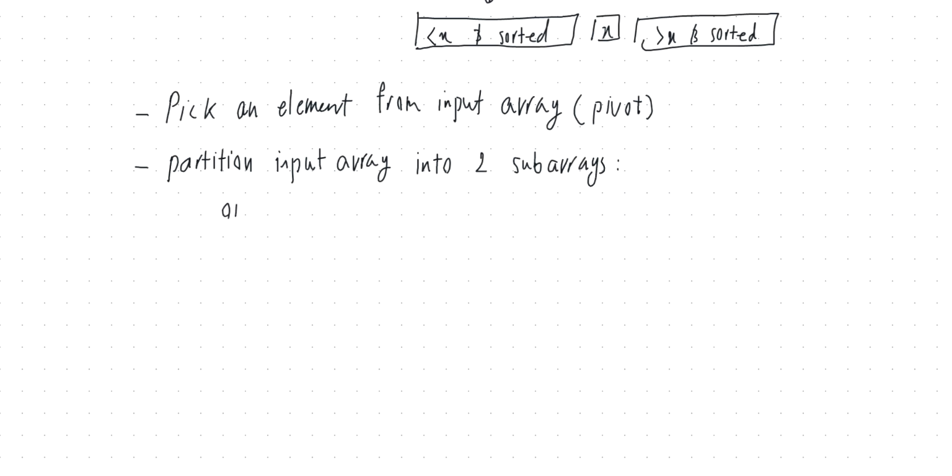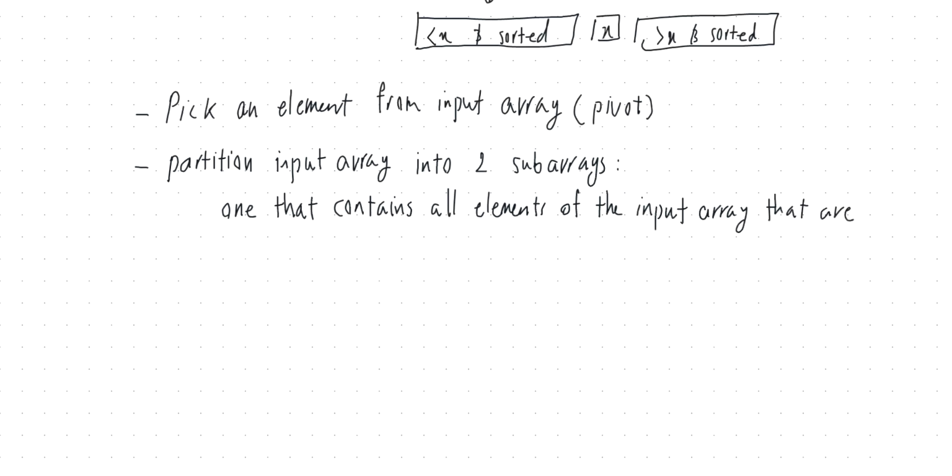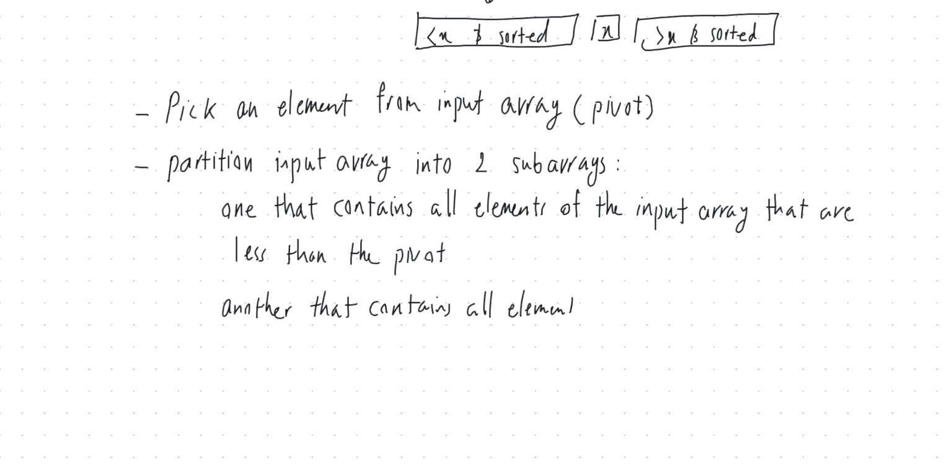One that contains all elements of the input array that are less than the pivot, and then another that contains all the elements of the input array that are greater than the pivot. So that's the divide step.